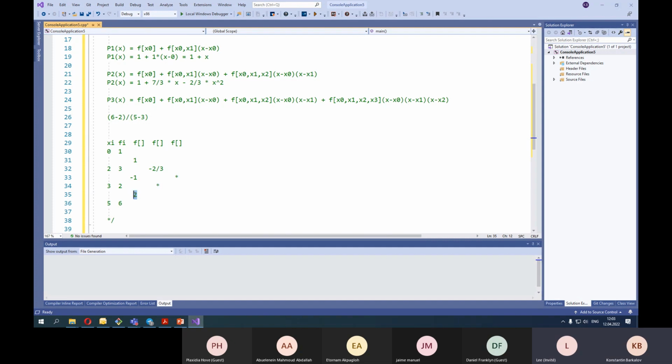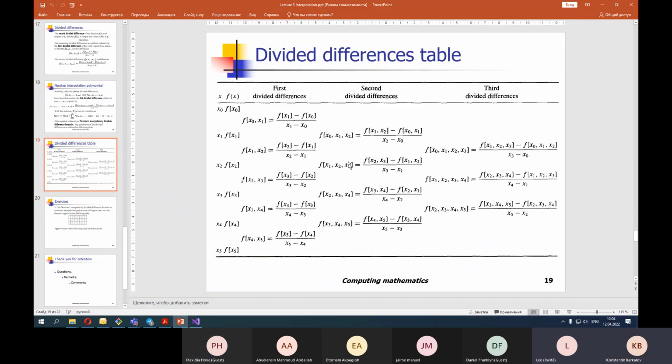How to compute this star? You should take this minus this over this minus this. Let's come back. Difference of x's: x3 minus x1. The length between x is increasing at every next divided difference.